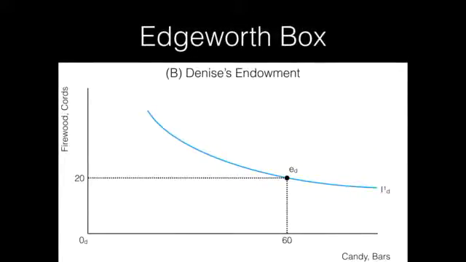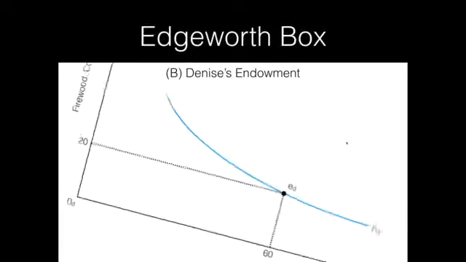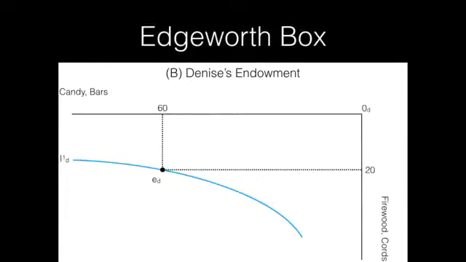This is the original representation of Denise's endowments, with the normal origin being here on the lower left-hand side. We're going to rotate this 180 degrees so that now the origin is in the upper right-hand side, like that.